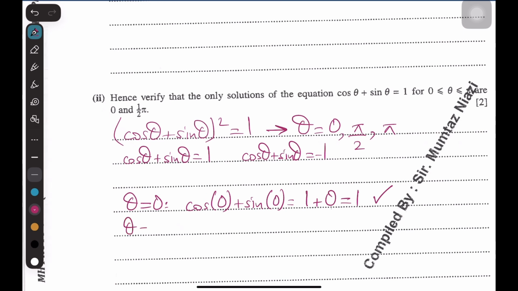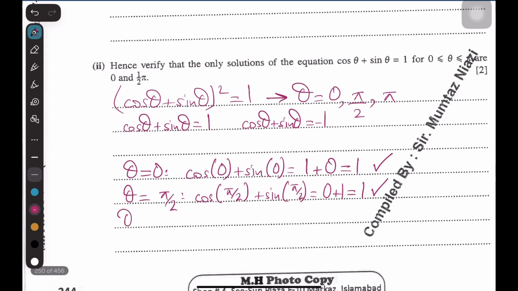Then we try theta equals pi by 2. So we have cos pi by 2 plus sin pi by 2, so cos pi by 2 is 0 and sin pi by 2 is 1, so we can again say that this is equal to 1. So this is also correct. Now the last possible is theta equals pi. So if we have cos pi plus sin pi, cos pi is going to be negative 1 and sin pi would be 0.